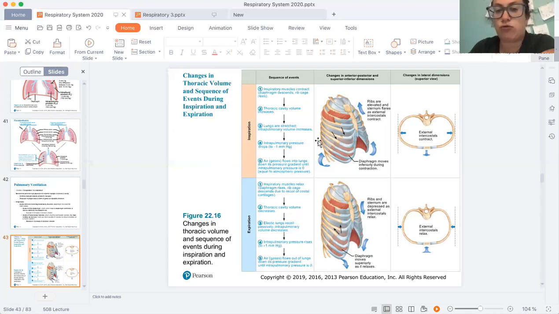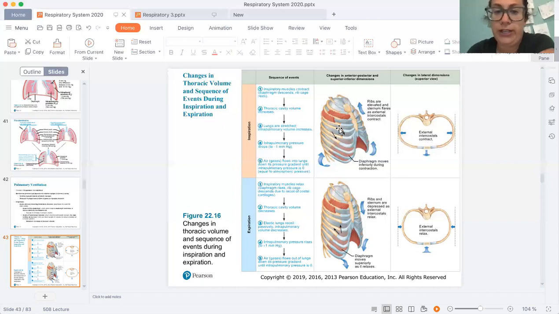That causes a change in pressure, and that change in pressure allows a pressure gradient to exist. Gradient means going from high to low. So gas flows into the lungs down its pressure gradient until the pressure inside the lungs is equal to that of the outside atmosphere, or what we're breathing in right now.